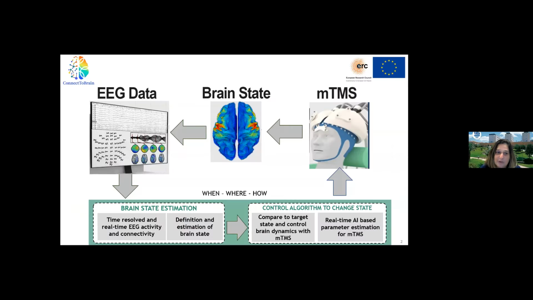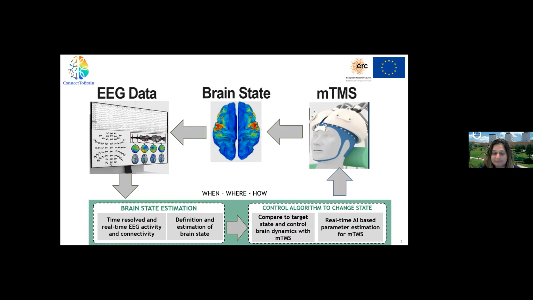So today we will first, under this umbrella, cover the idea of designing a new tool for stimulating the brain, which we call the Multilocus TMS. With this, we will be able to stimulate different sites of the brain and to monitor at the same time the status of the brain through EEG, and use the EEG data in order to again stimulate the brain informed by the changes that have occurred due to the previous stimulation.